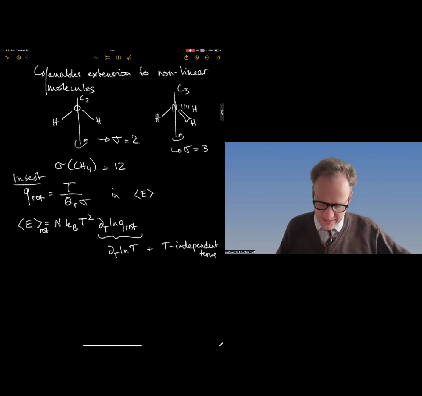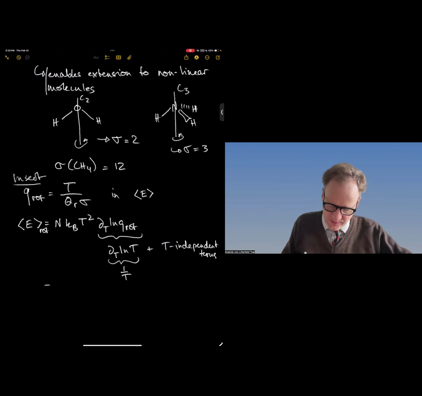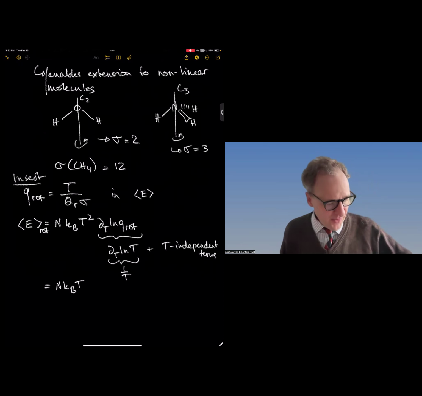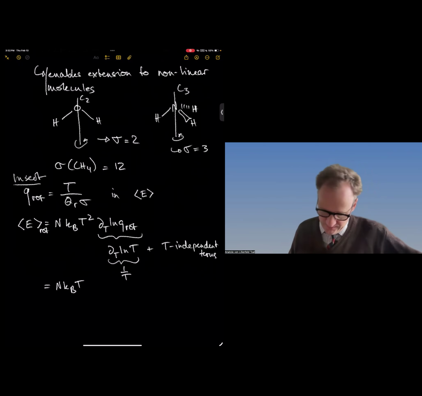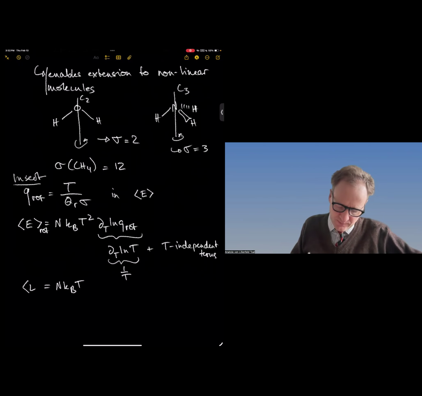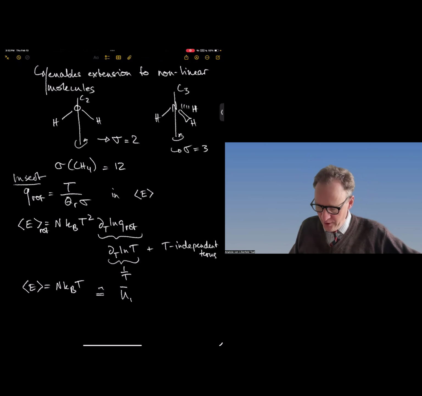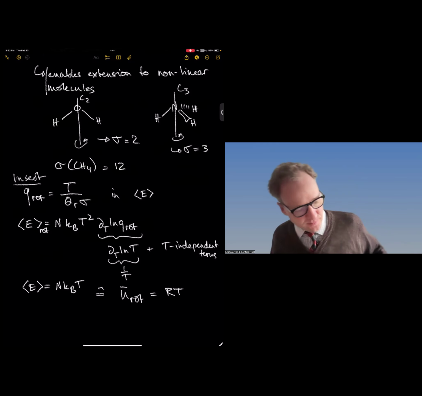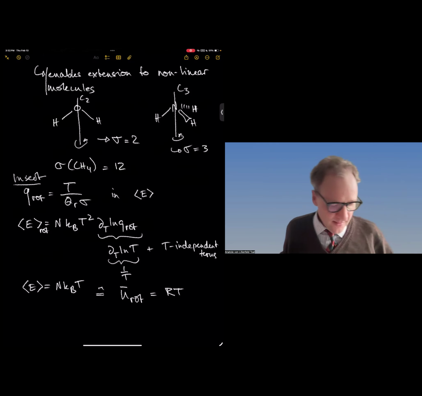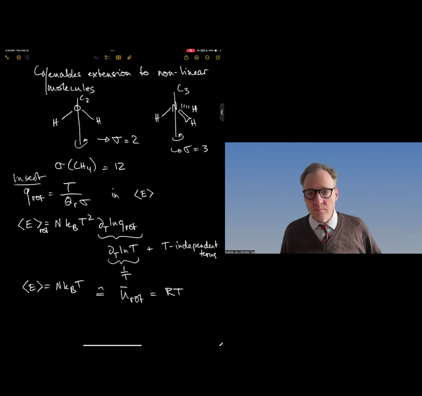Now, that is of course nothing else than 1 over T, and hence you see that your rotational part must be N kB T, and again this corresponds then to an internal molar energy of RT. Okay.